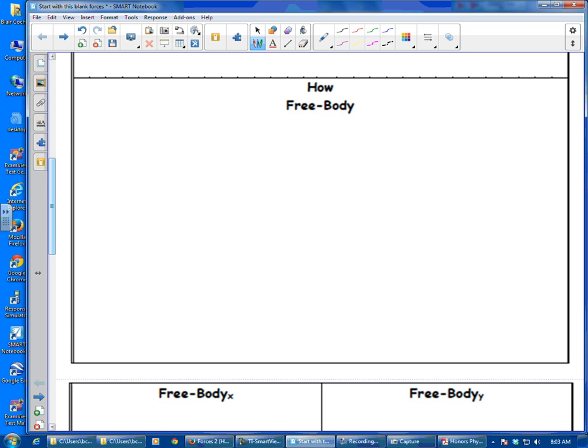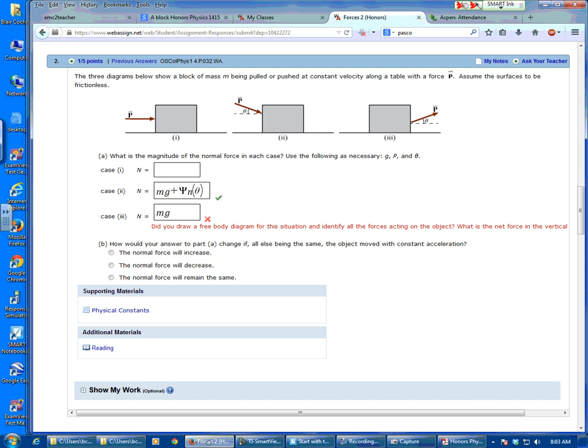I'm going to do number 2. So for number 2, I've got F sub G, F sub N, and then I have P, and I think P was at angle theta. Yeah, angle theta there.